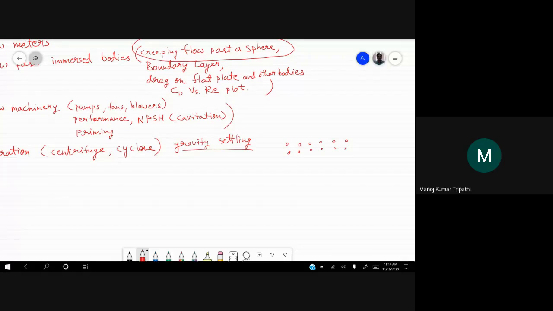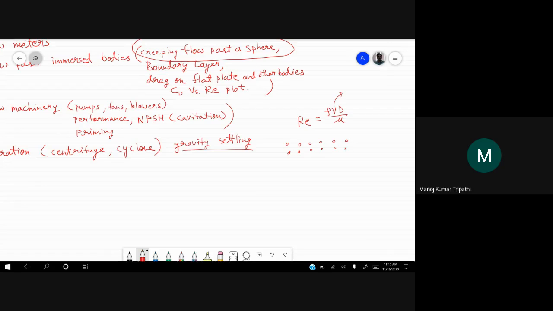If there are several spheres which are very small, and because they fall very slowly, you can find out the Reynolds number for them, rho V d by mu. Rho will be the density of the fluid, V is the velocity with which the particle is moving in the fluid. So if these are very small particles, you can imagine that they will fall very slowly inside any liquid. Even very small particles in air fall very slowly.